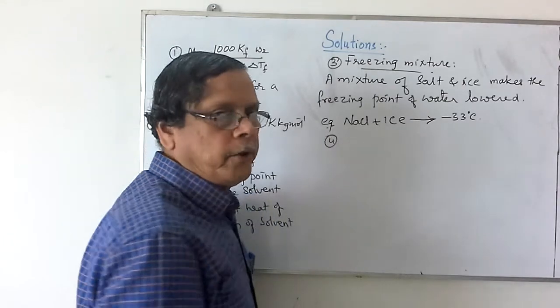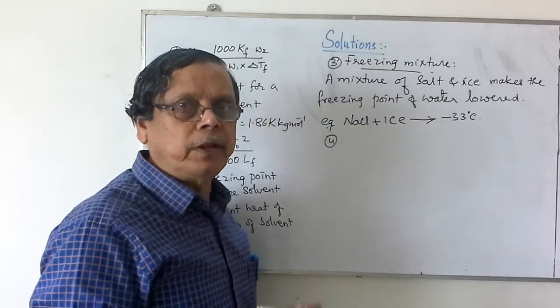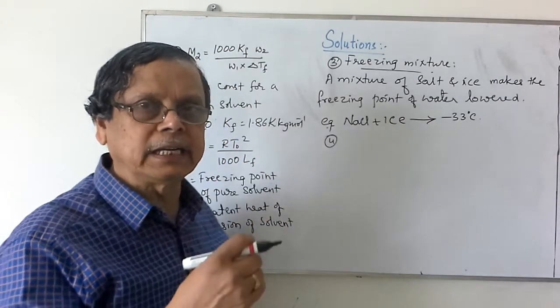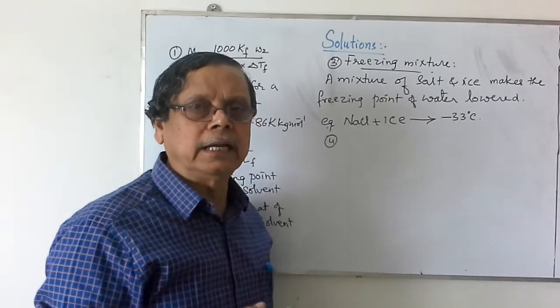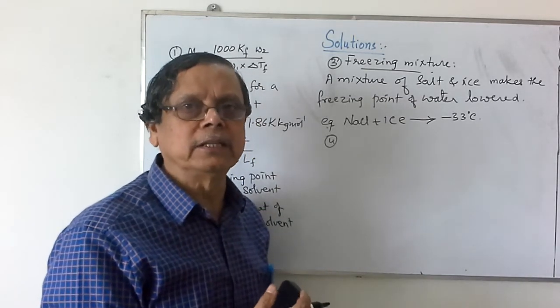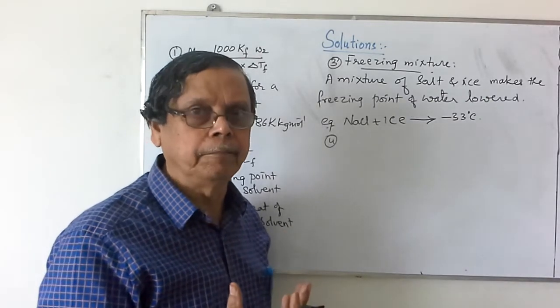The next important point is, in cold countries, when water is used in the radiators of engines, like a car or any other automobile, then at 0 degrees or lower than 0 degrees, that water in the radiator will become solid.